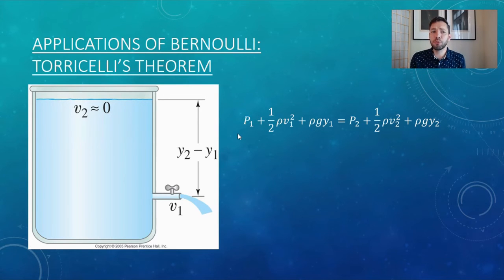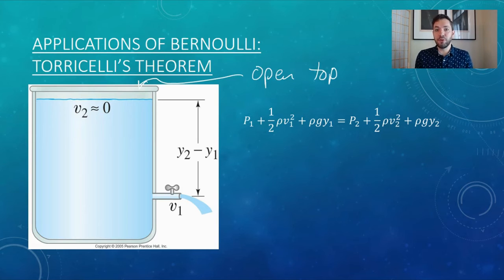And we can use Bernoulli's equation to actually calculate what that velocity is going to be. So a couple of things before we get into it. The first thing I want to clarify is that the top of this container is open. Okay, so it's open to normal air pressure.